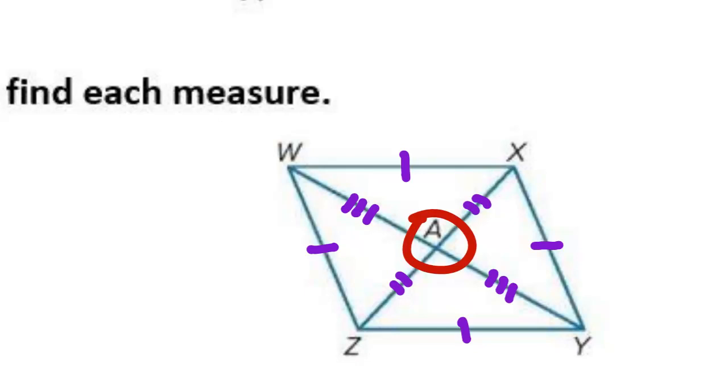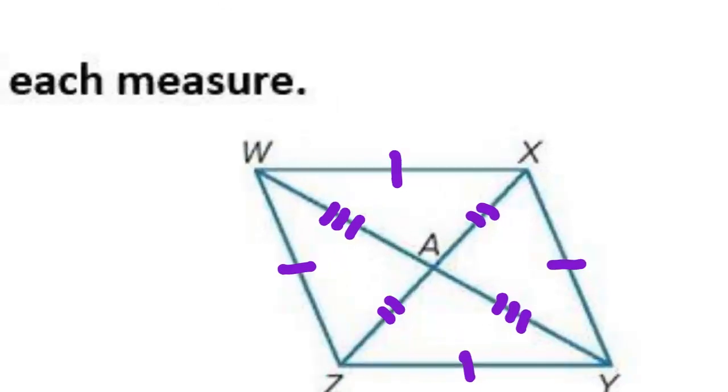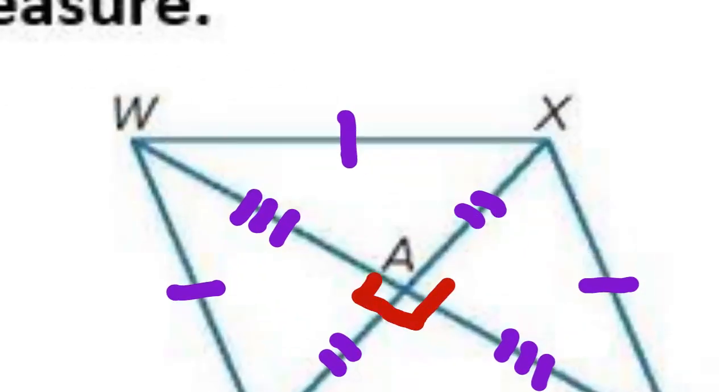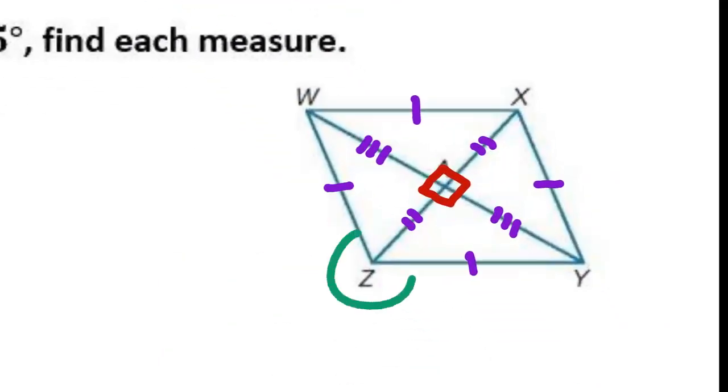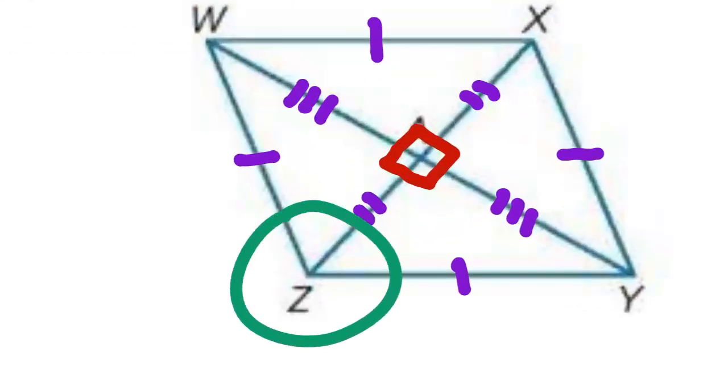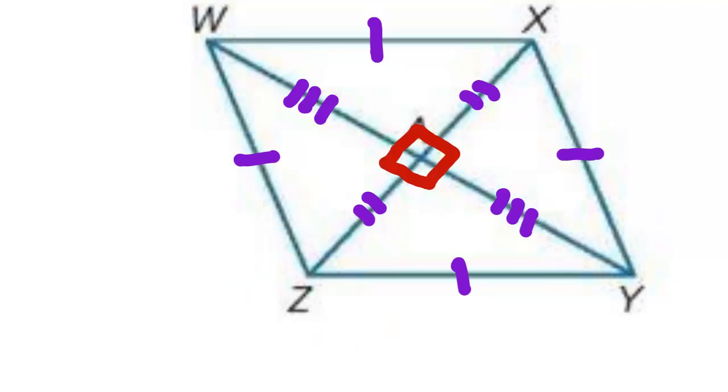What's happening here where A is, where those 2 diagonals are crossing? Forming all 4 right angles there. At the center we have 4 right angles. And then what do we know about down here at angle Z or angle Y? What's happening there with the diagonals and the angle?